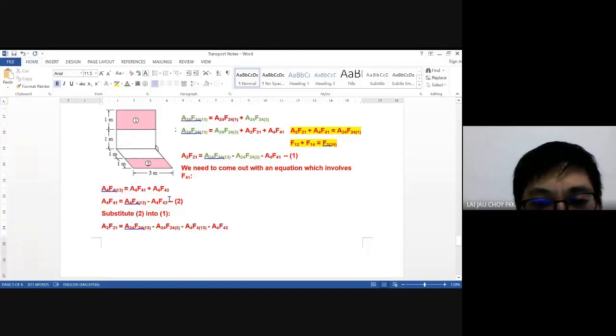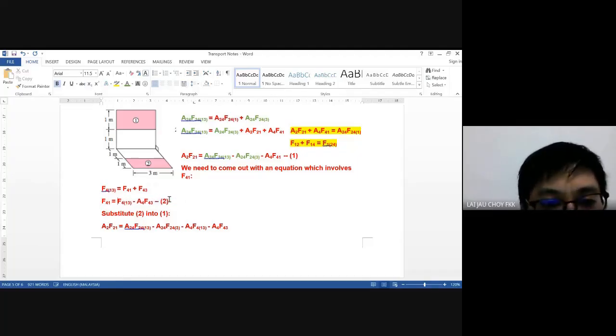To make it simpler, because all of them involve surface 4 only, actually A is not needed. I can use the superposition rule directly. Okay, let me delete the A so that you can see it clearer.